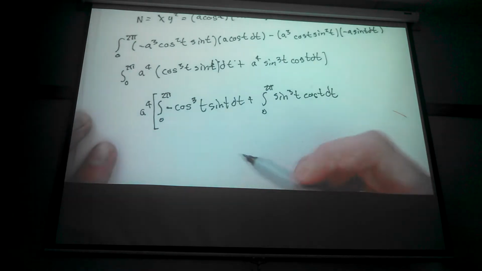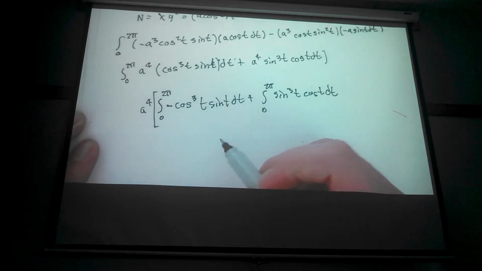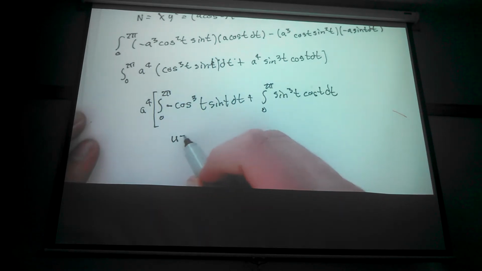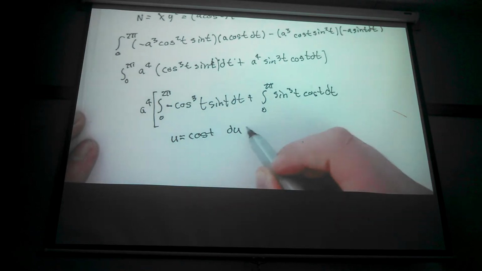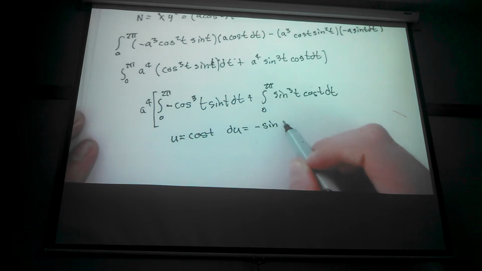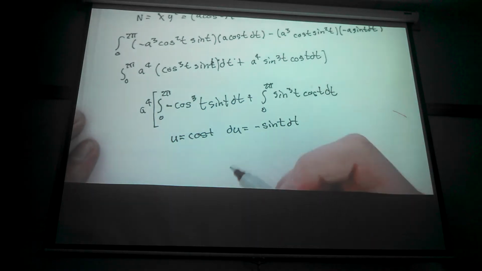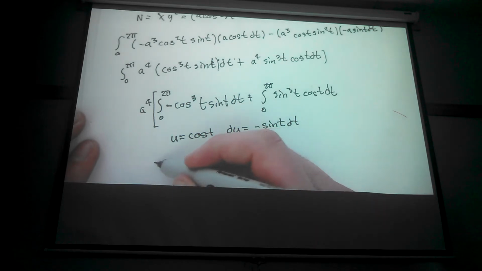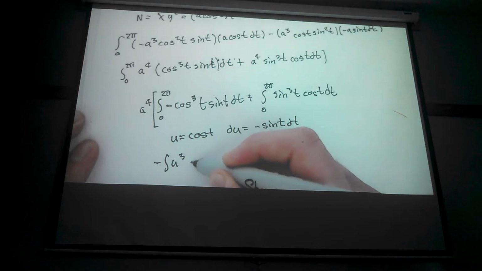Cool. So now taking the first part, we know we have sine and cosine, and we're doing an integral and multiplying, so you're probably going to have to use u substitution to get past this. So we're going to make u equal cosine of t, which makes du negative sine of t dt. Now with that, this first part becomes negative integral of u cubed du.